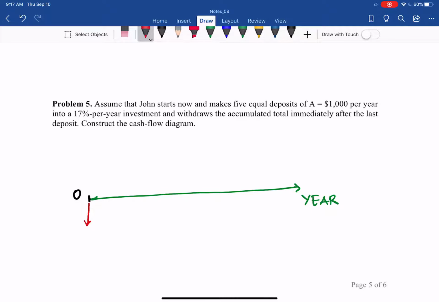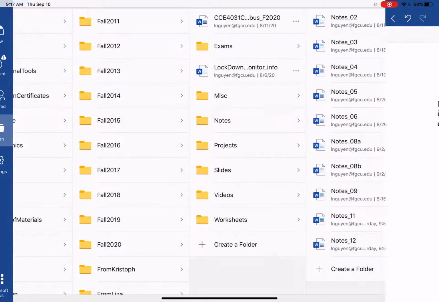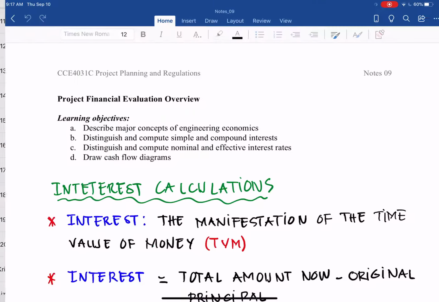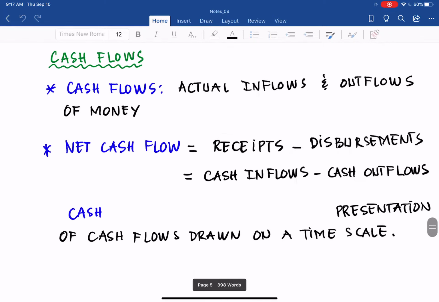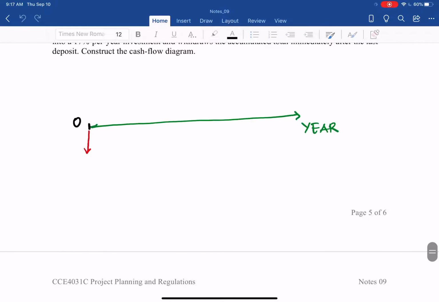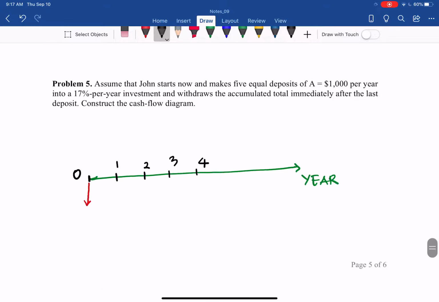And 5 equal deposits, so what is that? 0, 1, 2, 3, 4.